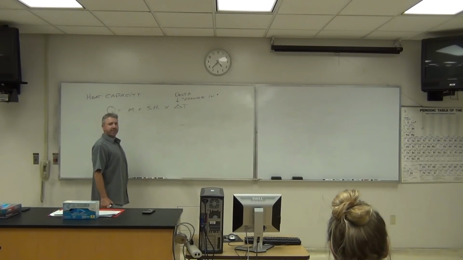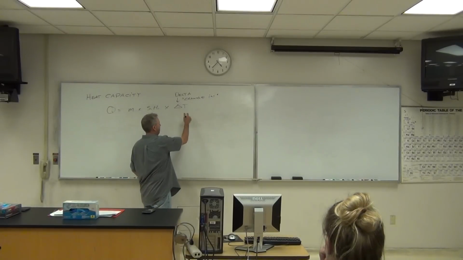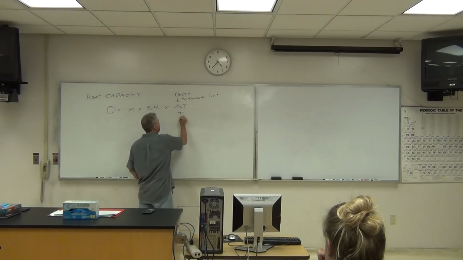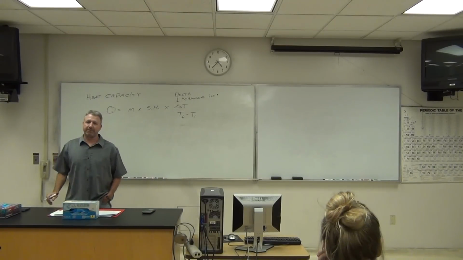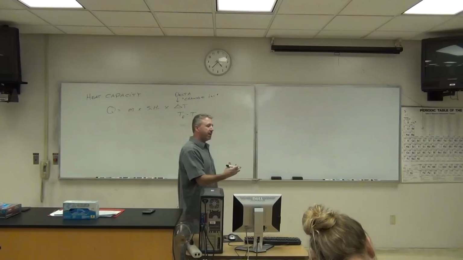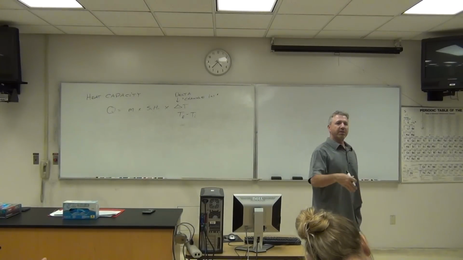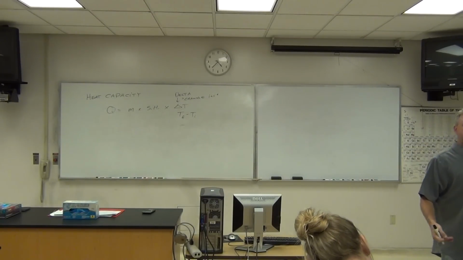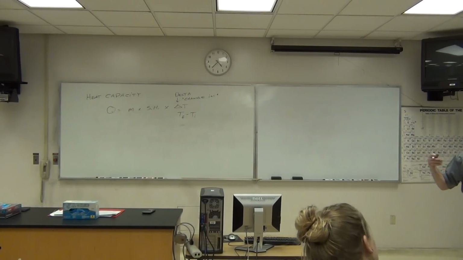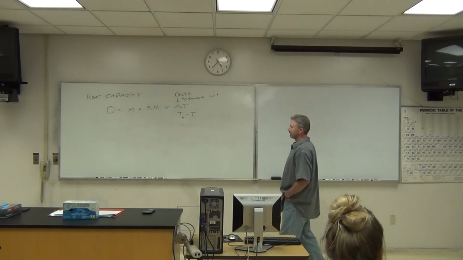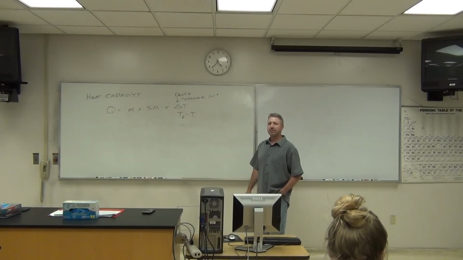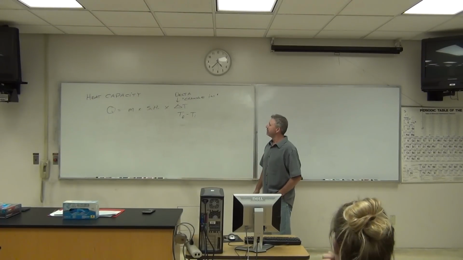Now whenever you see the delta, whatever the symbol is, it's always final minus initial. If you saw delta P, it would be the final pressure minus the initial pressure. Delta T, final temperature minus the initial temperature. Okay?